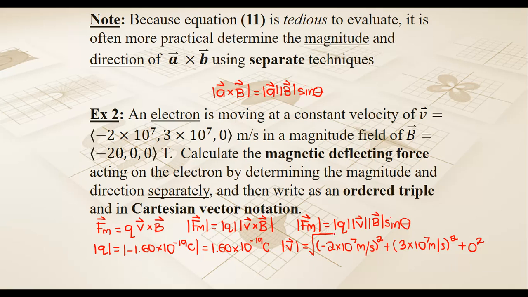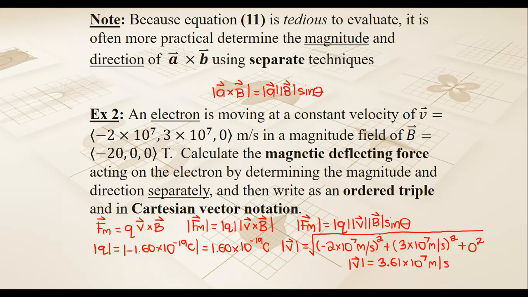And then we just take the square root of that. So that's going to give me V, and I'm going to go to 3 significant digits. It's 3.61 times 10 to the power of 7 meters per second.